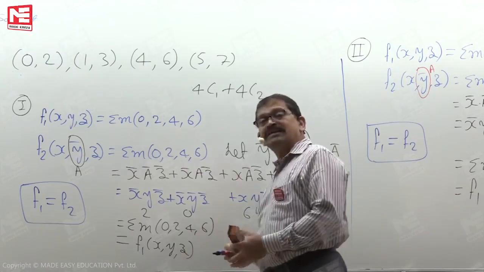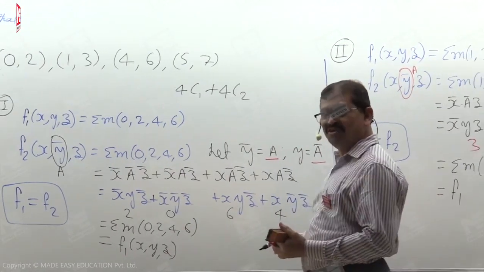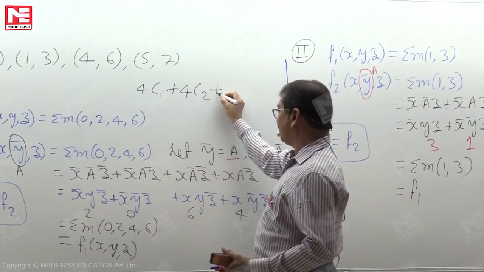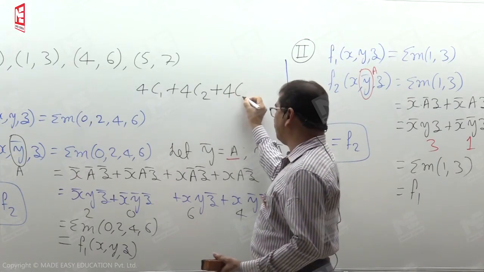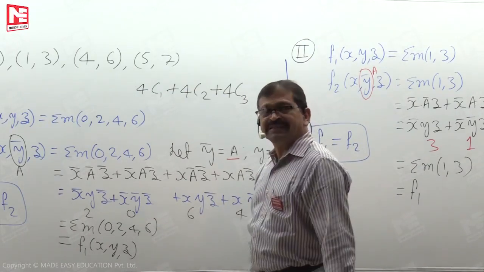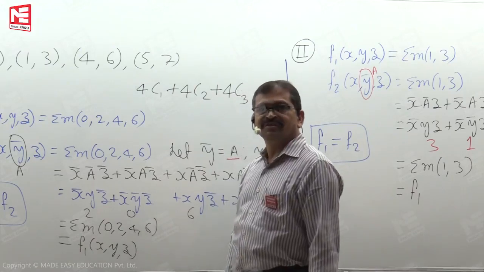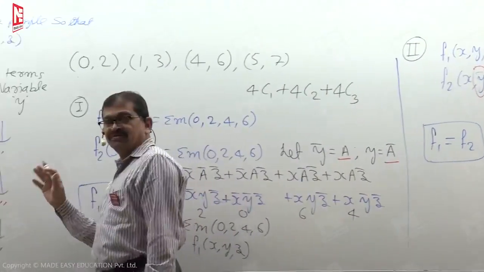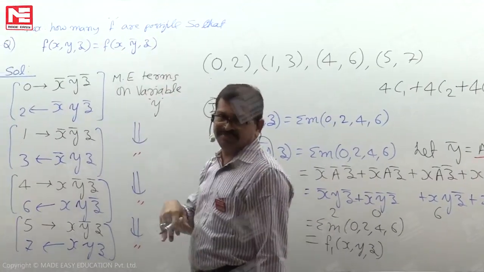So how many such possibilities are there? Out of 4 pairs, any 3 pairs are taken as minterms, so 4C3. If you choose any 3 pairs properly, the functions will satisfy this condition.